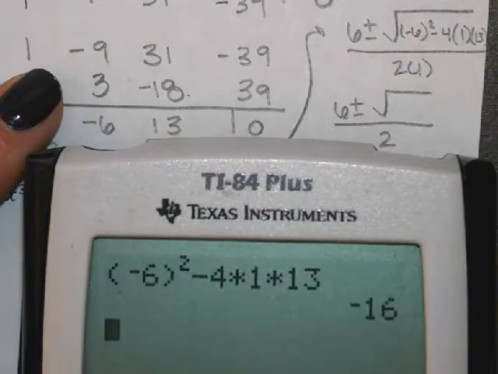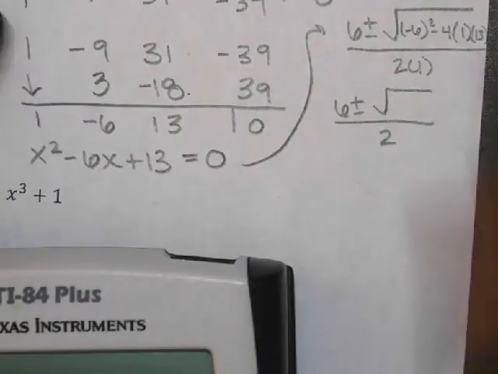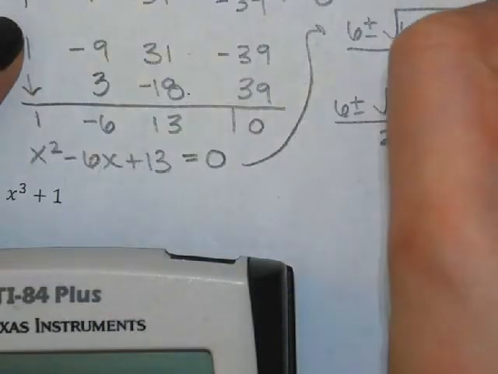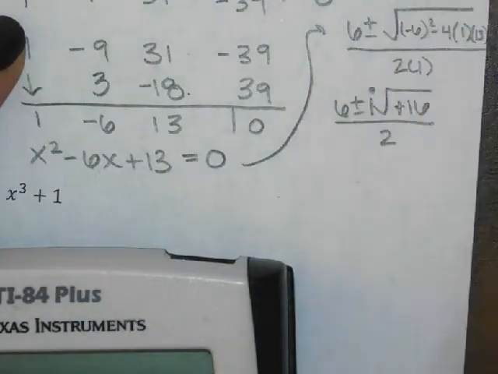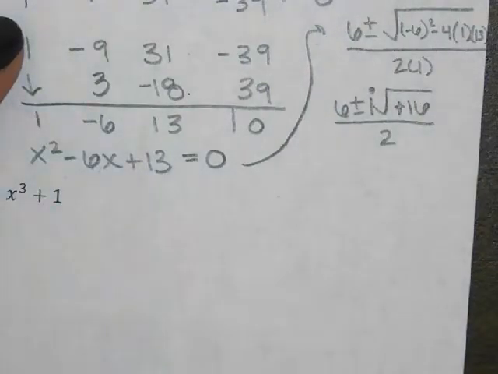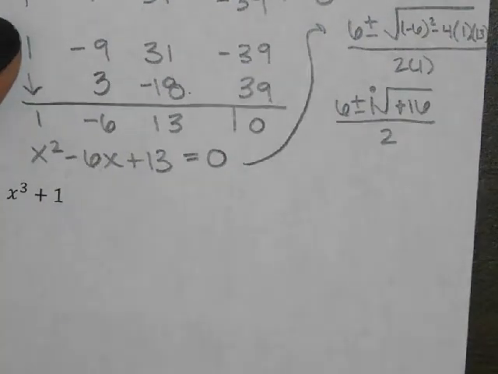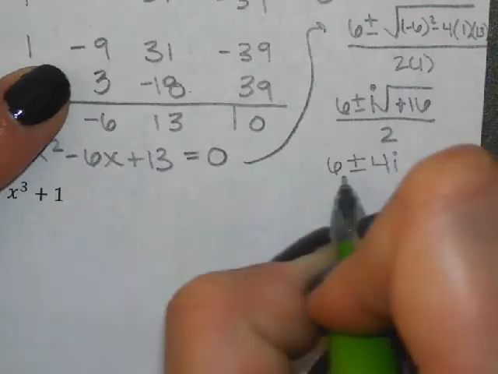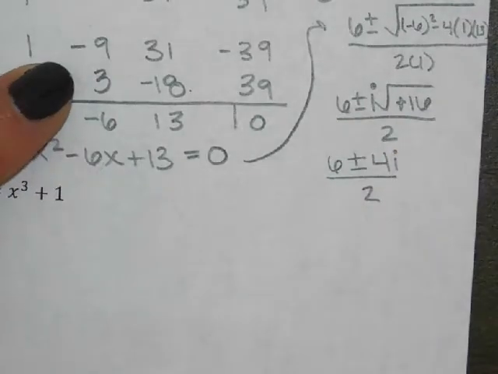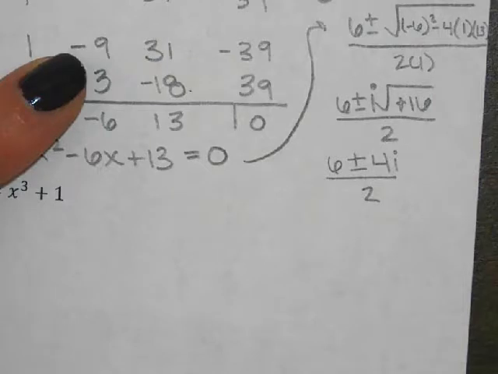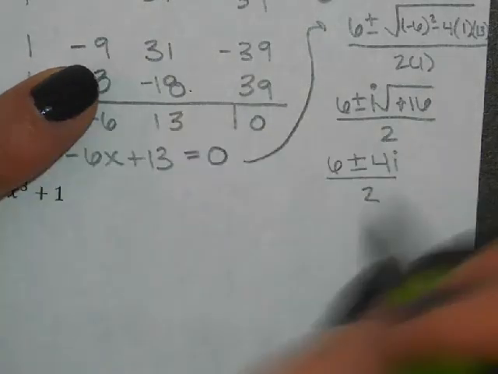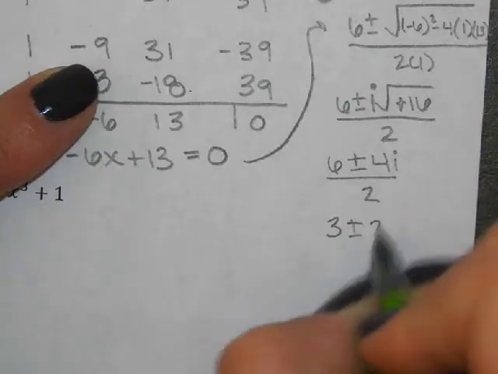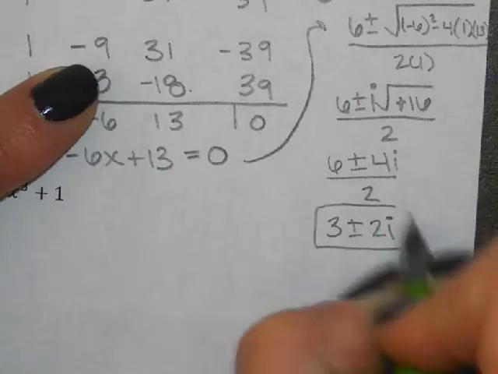You said that already, right? -16. All right, -16. I take the negative, I make it a positive, and I put an i. And what's the square root of 16? 4. So I have 6 plus or minus 4i divided by 2. Can I divide those numbers by 2? Yes. So I'm going to say my final answer is 3 plus or minus 2i. Perfect.